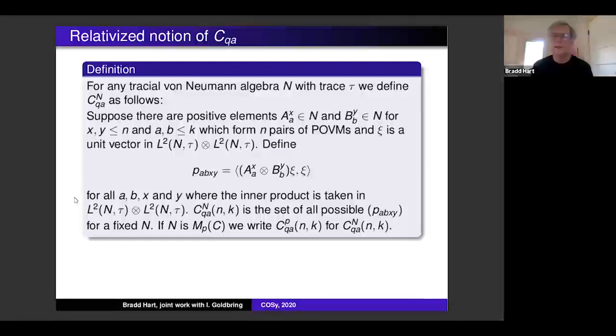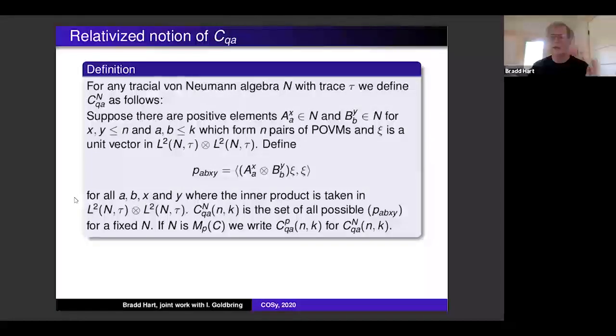So I redefine the notion of CQA relative to a given tracial von Neumann algebra. We have our von Neumann algebra with its trace, and I just do the same thing, only now I'm not allowing myself to range over arbitrary places where these operators act.